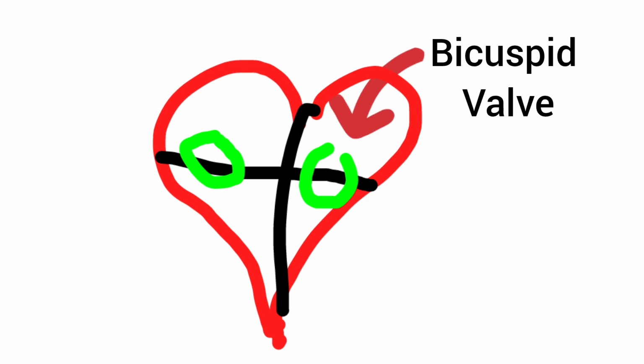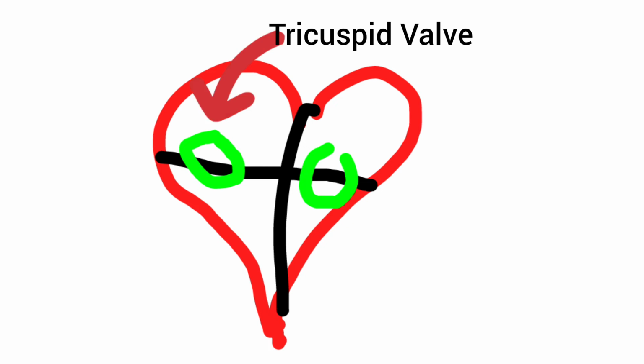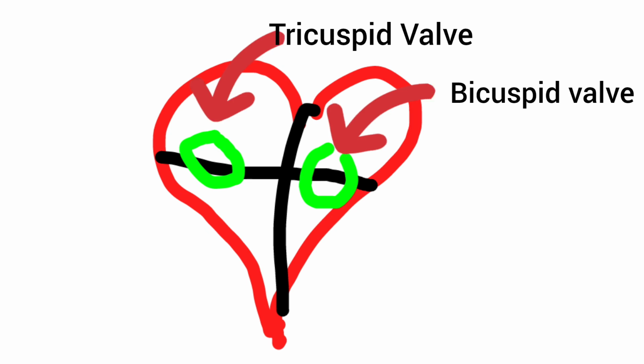So the names are very important. Tri means three. So the tricuspid valve is a valve that looks like three cups. While the bicuspid is a valve that looks like two. Bi means two. It's a valve that looks like two cups, right? So that's where they get these names.